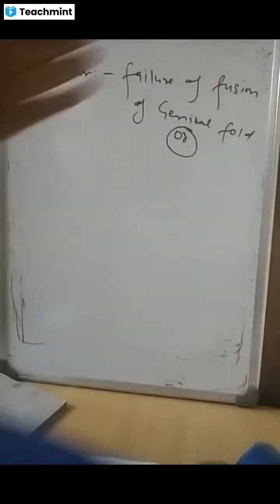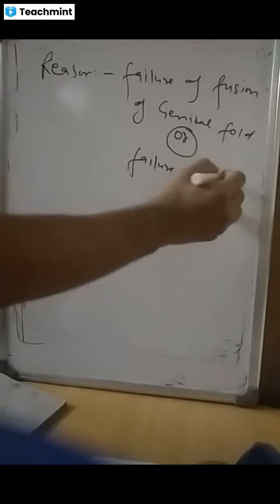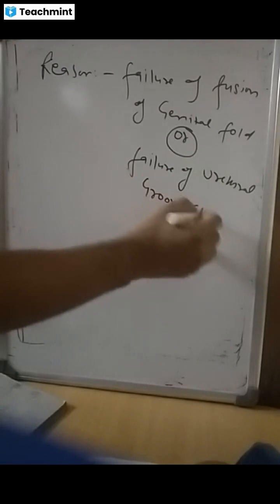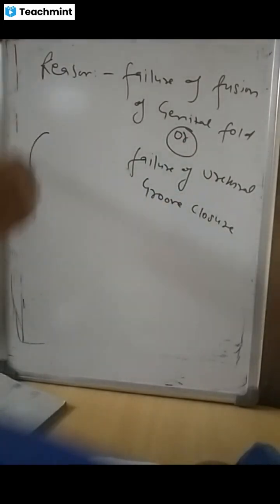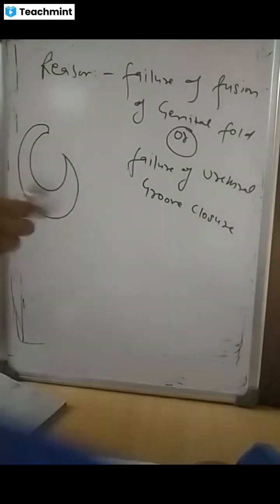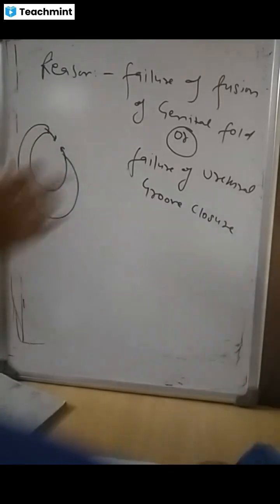In other words, the terminology can be written as failure of closure of the urethral groove. What does it mean? These are the folds. They will fuse and they will form the penile urethra.